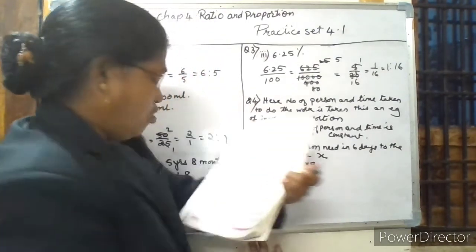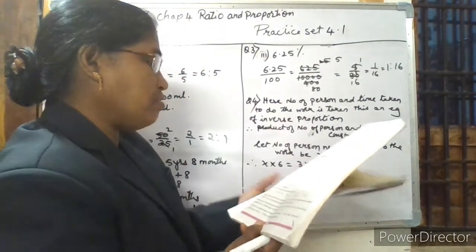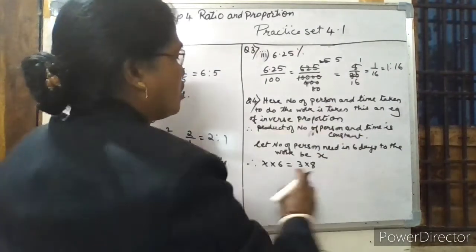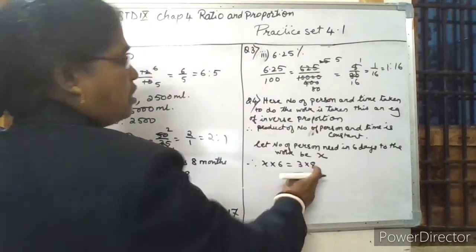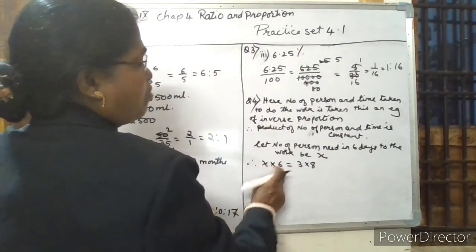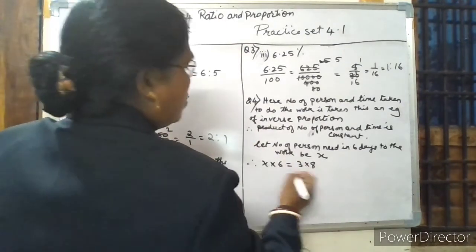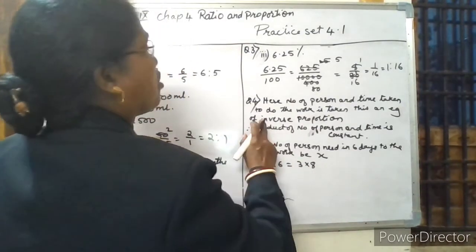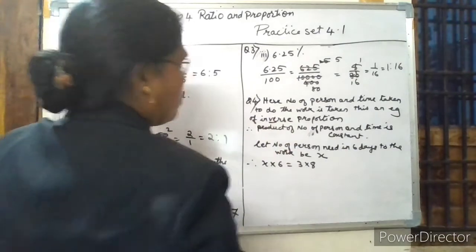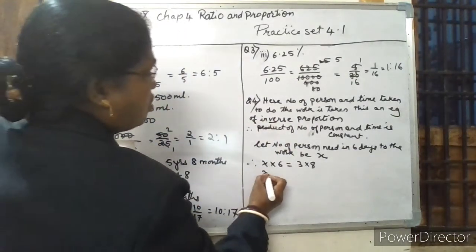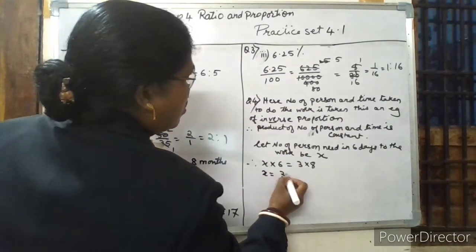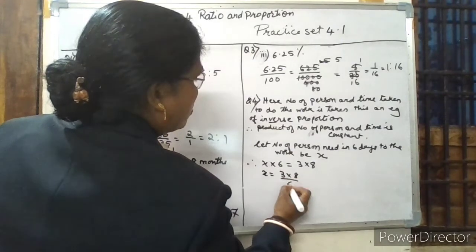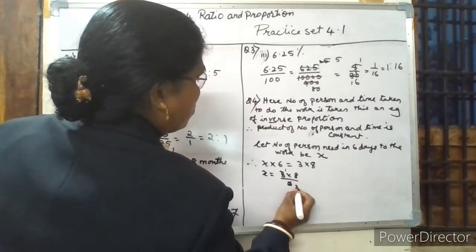Because 3 persons can build the house in 8 days, and how many persons can build the house in 6 days? So they are constant because it's an example of inverse variation. So X is equal to, we have to find X here, 3 into 8 by 6. 3 1s are 3, 3 2s are 6, 2 1s are 2, 2 4s are 8.